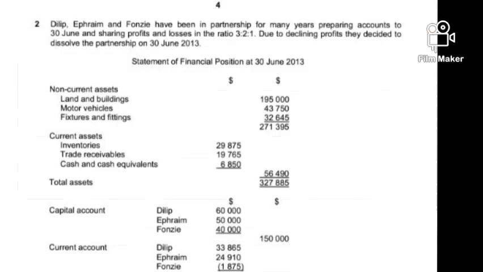Right, so we move on to the statement of financial position to identify the assets at net book value. The first asset at net book value that we have is land and buildings, amounting to 195,000. So I'm going to record land and buildings on the debit side of the realization account under the heading assets at net book value.